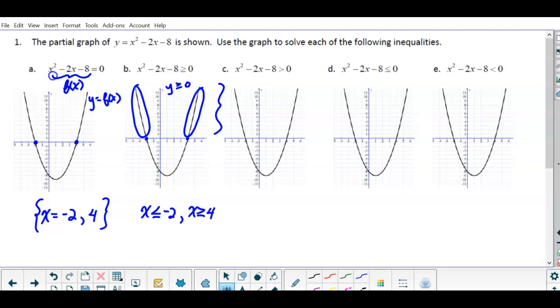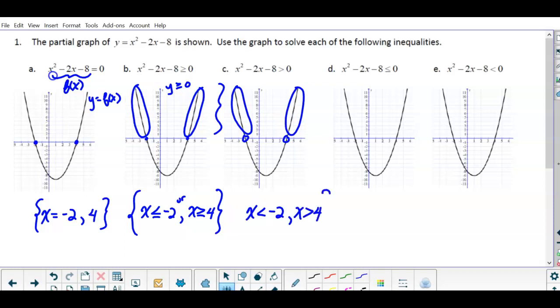You can use a comma or the word or. Next one is just greater than, so it's the same as the last one, but it doesn't include those 2 values. So that's going to be less than -2 or greater than 4.